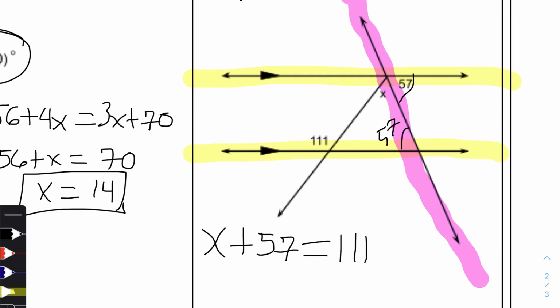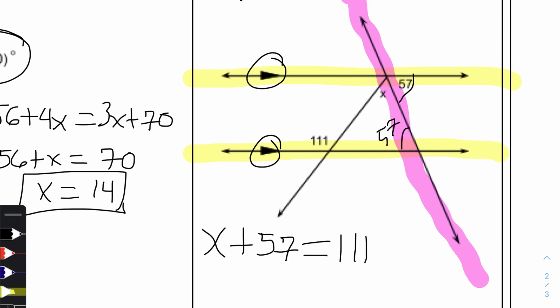And if you did not understand why I highlighted those parallel lines, it's because of these little arrows. I knew immediately by looking at those two arrows that these two lines were parallel, as we learned in that last unit. And then they also have that big line that cuts and crosses between them. So that's a transversal.